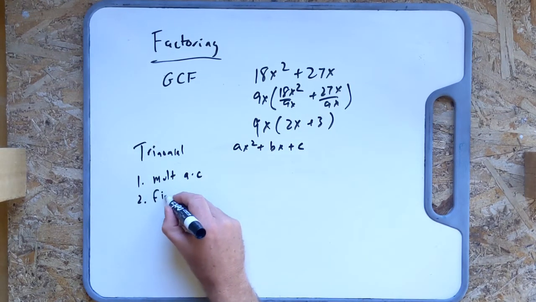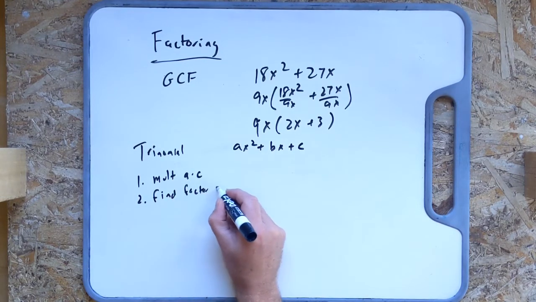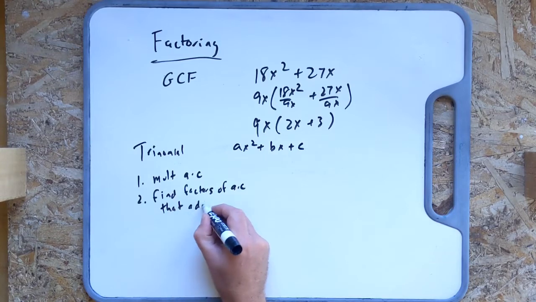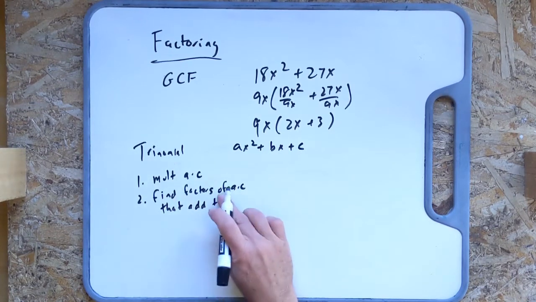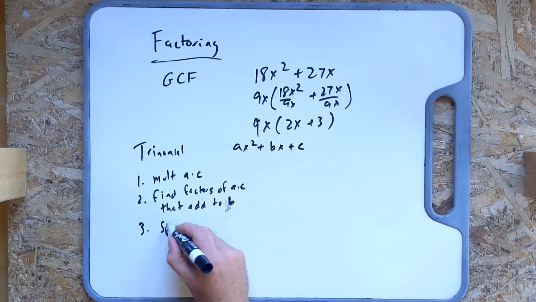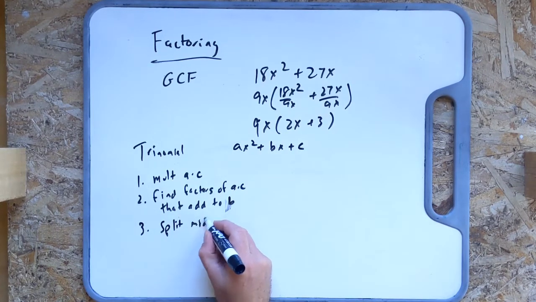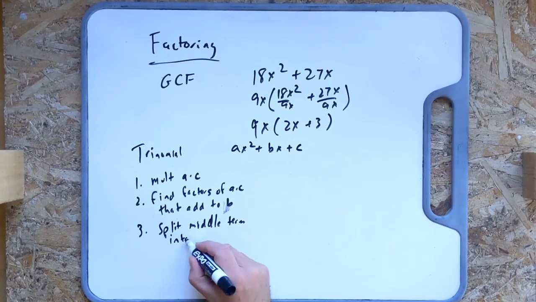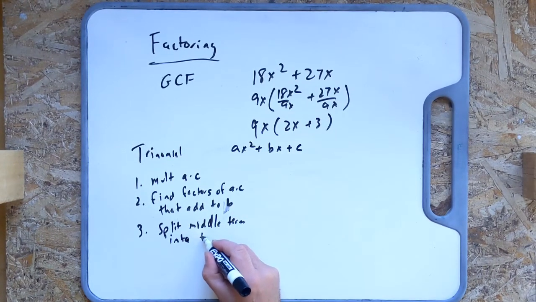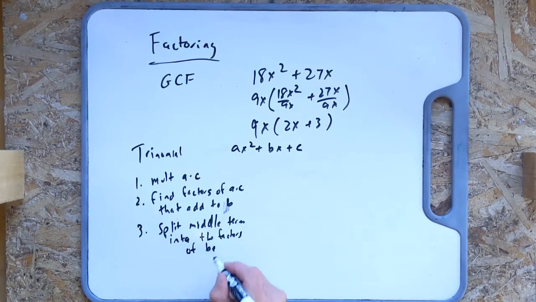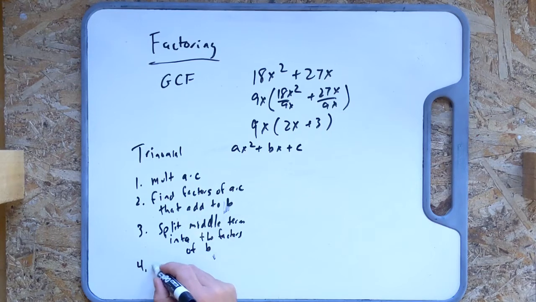Second, find factors of a times c that add to b, the middle coefficient. Then split the middle term into the factors of b. And then finally, factor by grouping.